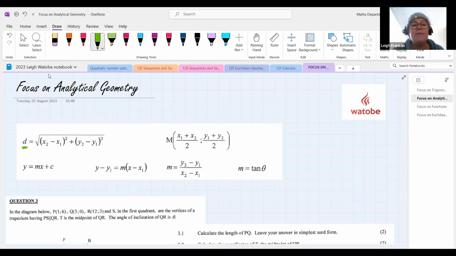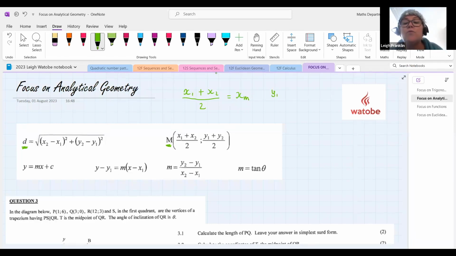The next one is midpoint formula. The other thing that we need to be able to do with midpoint formula is this. In other words, we have the x coordinate at the one end plus the x coordinate at the other end divided by 2 gives us the x coordinate at the midpoint. So we've got to be able to set it out like that in order to be able to work backwards. And it's the same with our y coordinates.